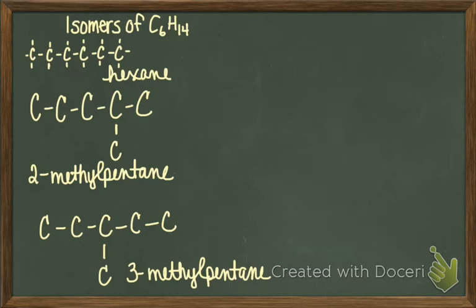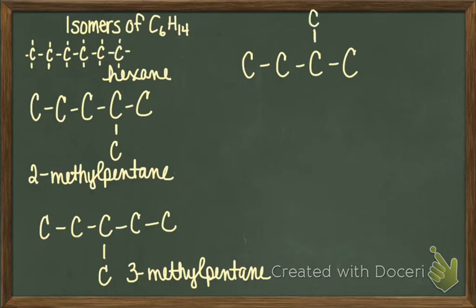So the next step says to now take 2 methyl groups and use them as branching and have a 4 carbon chain. So now I have my 4 carbon chain, and I can put my methyl groups on that 4 carbon chain.